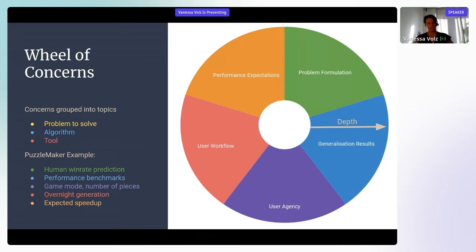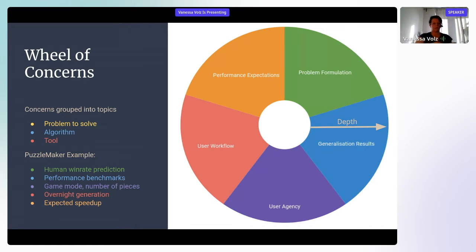For example, if we're talking about this puzzle maker, as we call it, the generation and win rate prediction product that we have, we get a lot of questions, and I've tried to group them into these categories. For example, we get a lot of questions around win rate prediction, and you can see in blue, to answer this type of question, you might need to know a bit about the generalization results.